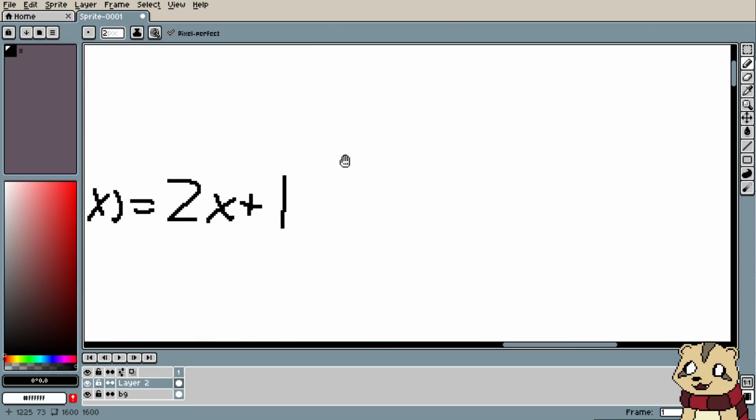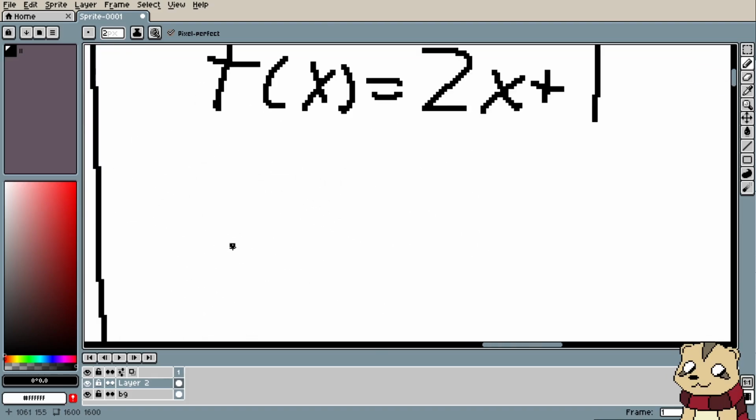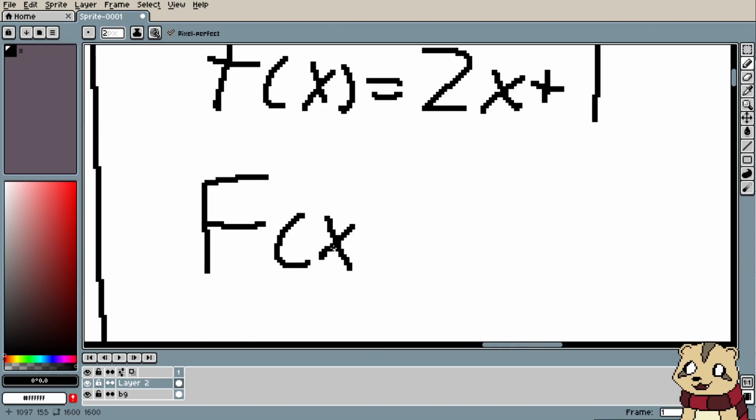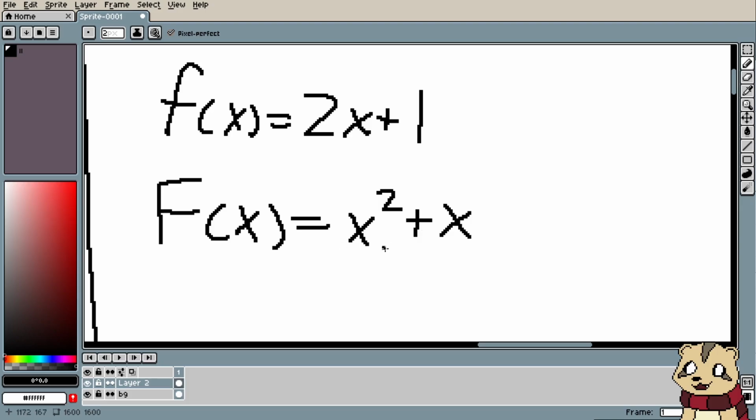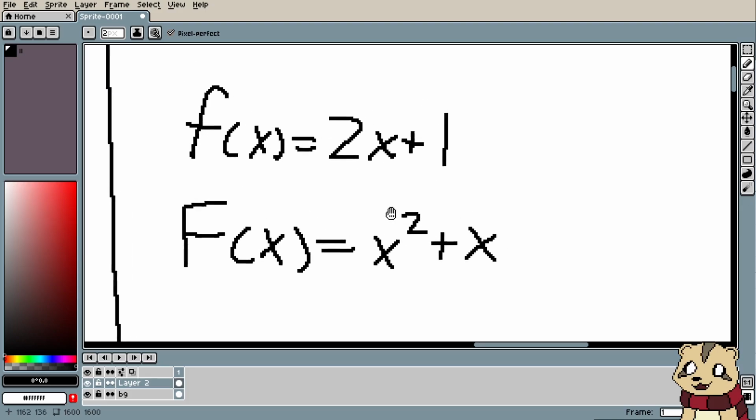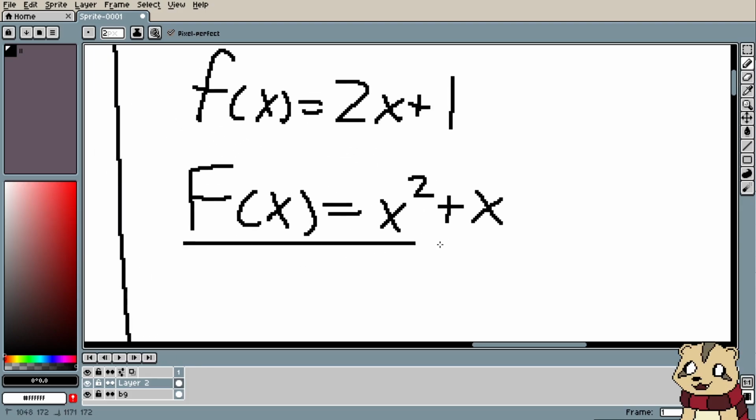Now, when you integrate f of x, typically the format you would do that in is you would make this a capital F. So this is the antiderivative of that. And you get x squared plus x. So this is what happens when you take the sum of things first.